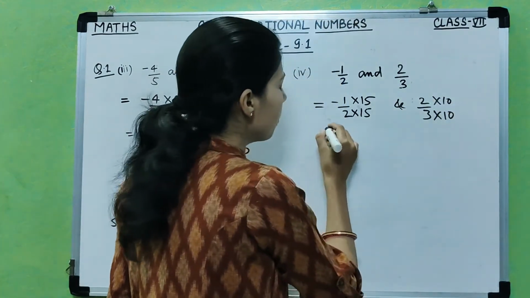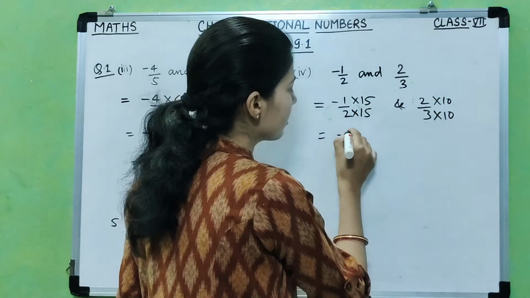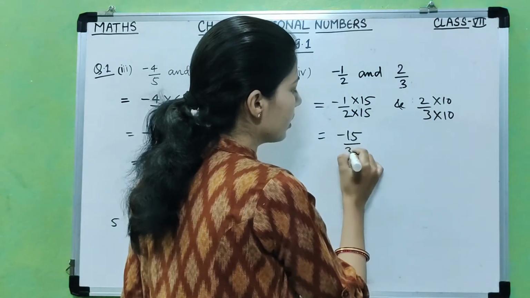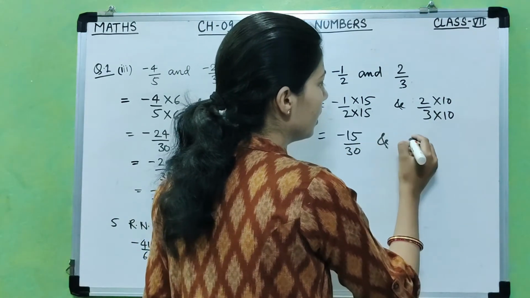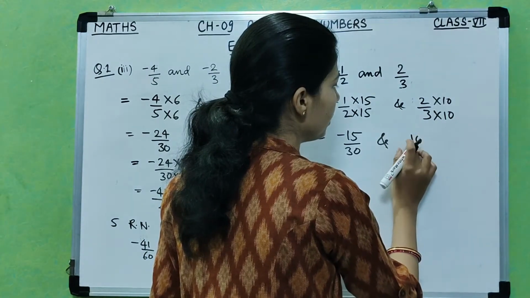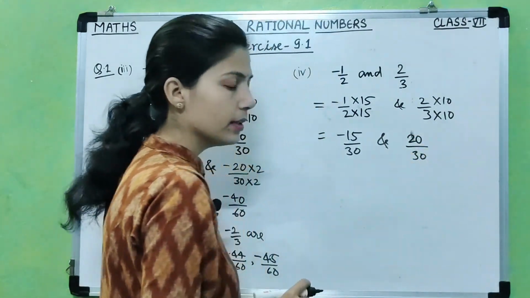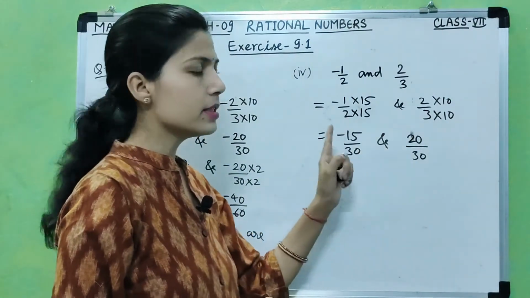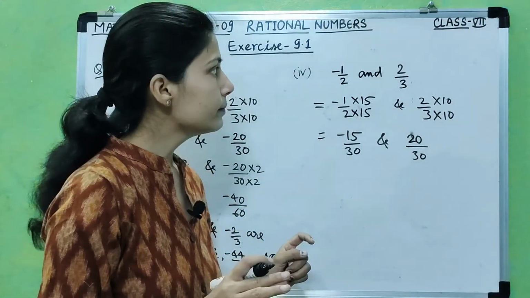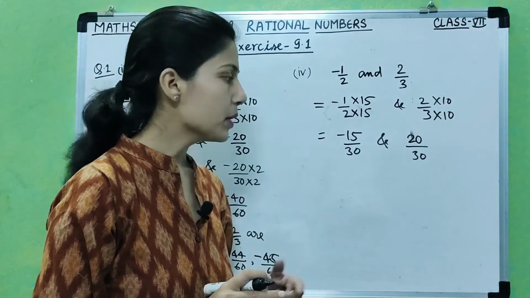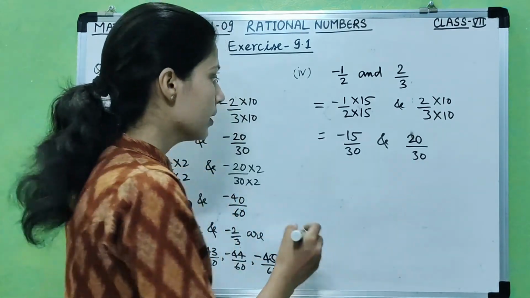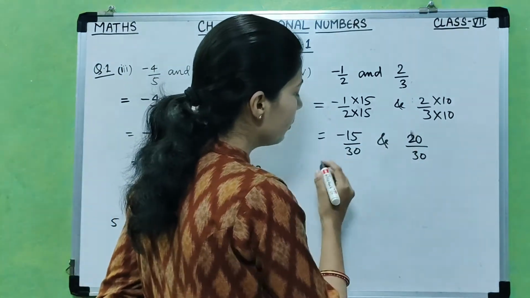Okay, so -1 into 15 is -15 and 15 2s are 30. Here 2 10s are 20/30. Okay, one is positive, another is negative, so many rational numbers can lie between these two. Okay, so we have to list out only 5.